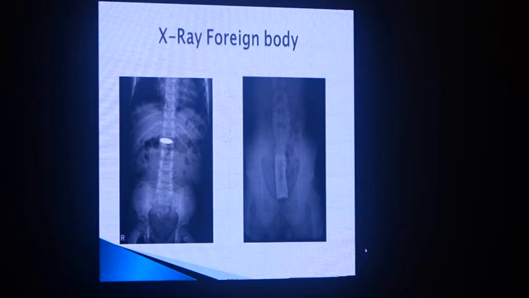As a dictum for surgeons, one should always do PR examination. Till then the patient had not told me anything about what had happened. When I did the PR examination, I could feel some metallic ring at the tip of my index finger. So basically, it was a deodorant can which was present in the rectum. So basically, it was a foreign body.